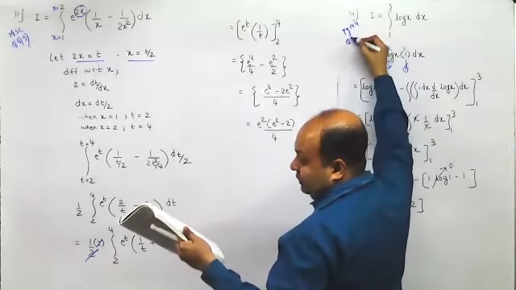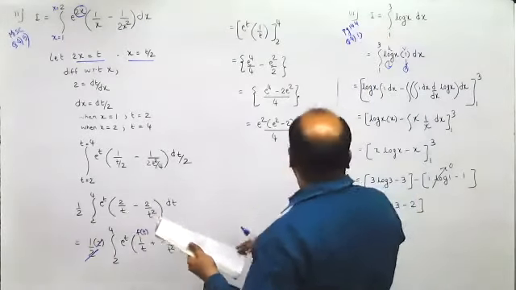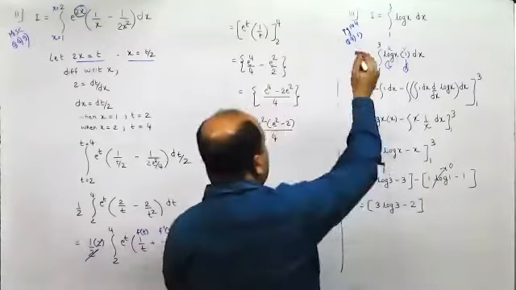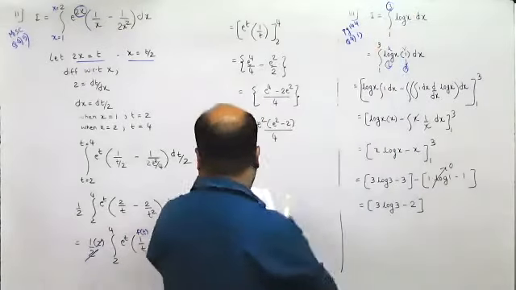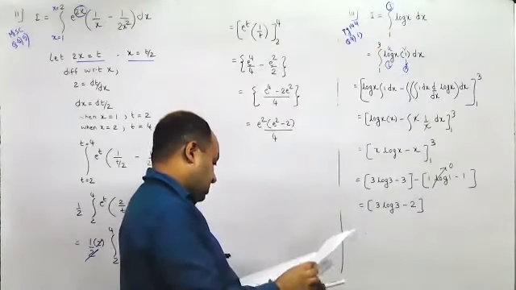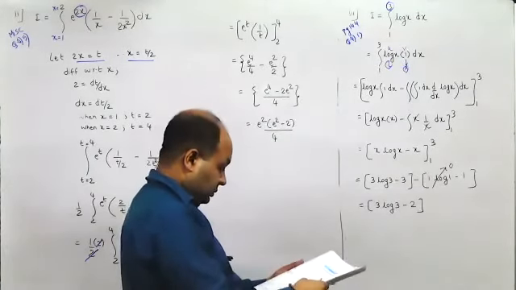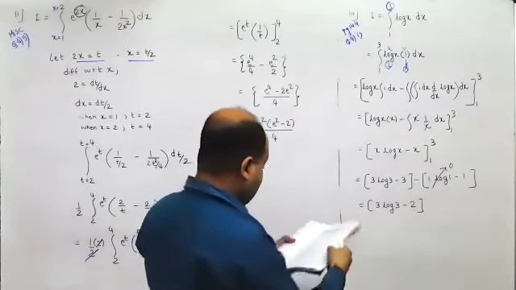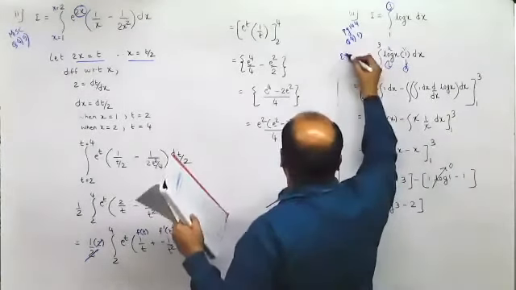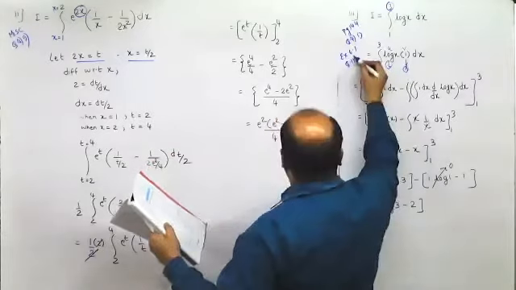Question number 4, the first part is very close to this, but it is 1 to 2 instead of 1 to 3. No, sorry, it is Exercise 6.1, question number 11.